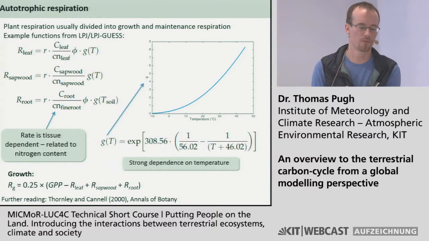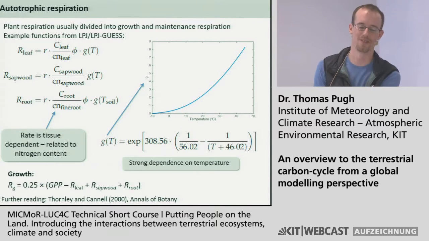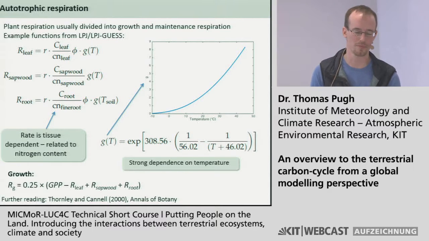So that's production. What about respiration? Respiration we usually do much more simply than we do production. We basically divide plant respiration into growth and maintenance respiration because they have different intrinsic rates. Growth respiration is generally at a higher rate than maintenance respiration.